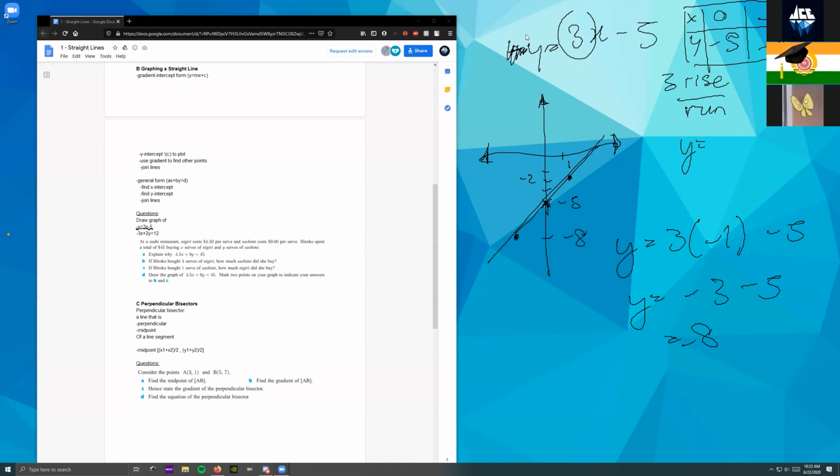Minus 8, this is minus 1, and then after you do this, you make a line through the table of values. It's kind of the same thing, but I like to do this because it's faster, and for me, it's logical, but I don't know if it works for you or not.